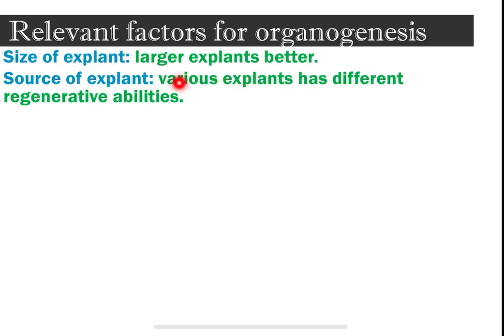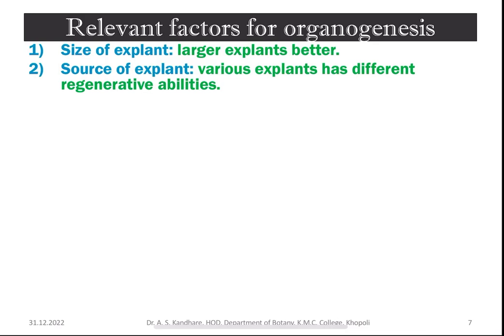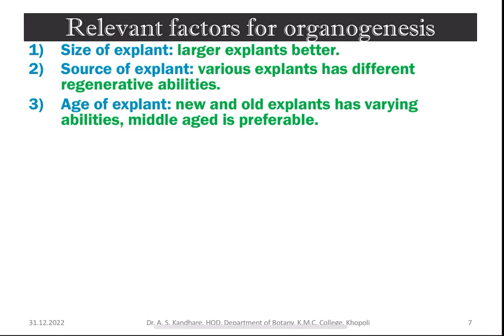In some plant species, root cells are very important for organogenesis. So depending upon the source of the explant, it is also vital and important in organogenesis. So these factors we have to consider while doing these things.